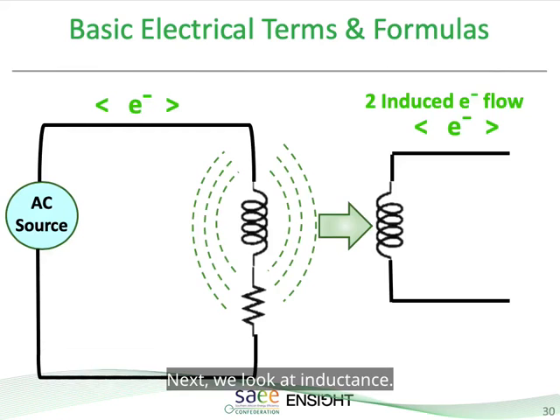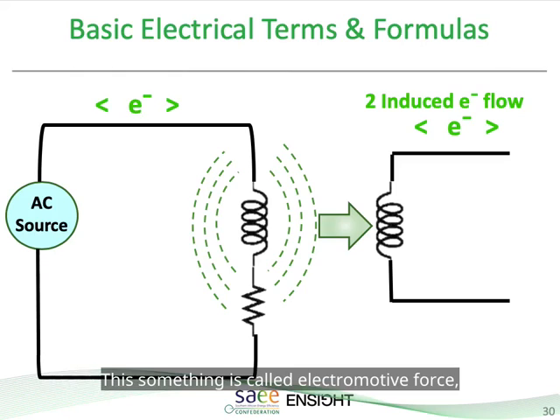Next, we look at inductance. If a coil of wire is placed in a charging magnetic field, a current will be induced in the wire. This current flows because something is producing an electric field that forces the charges around the wire. It cannot be the magnetic force since the charges are not initially moving.